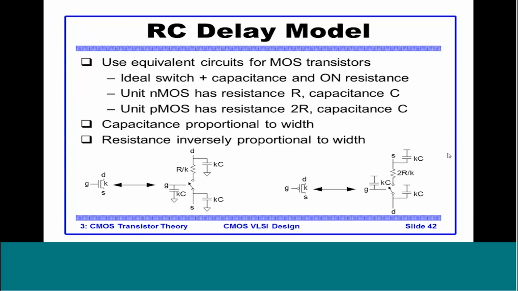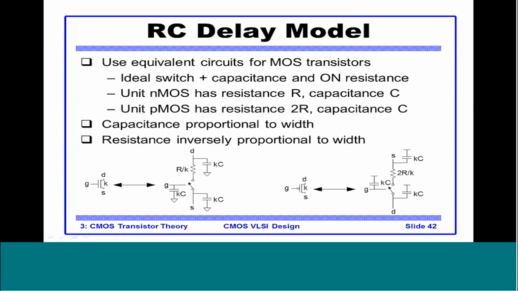Now look carefully at the figure below of the NMOS gate, drain, source, where K represents the width of the NMOS. Assume the length is the same for all the PMOS and NMOS in the design, and assume the width to be K. K is a simple factor. Now using the RC delay model, we convert this NMOS into an ideal switch, which exhibits drain capacitance KC.